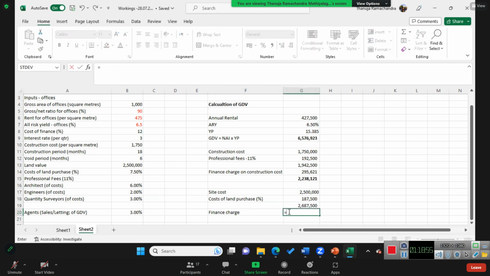That is for the entire period. At time zero beginning, we purchase the land, and then we'll set off only after the entire period, right?